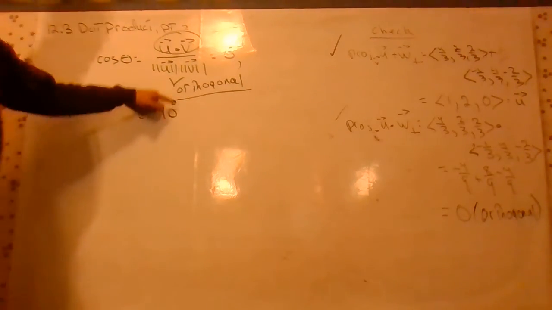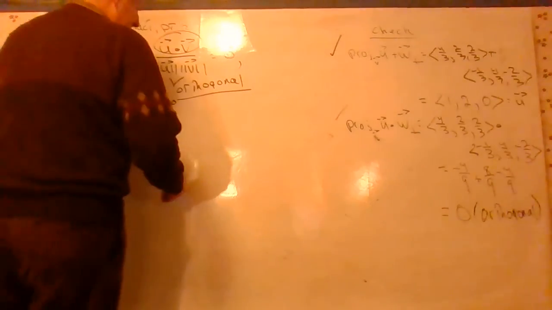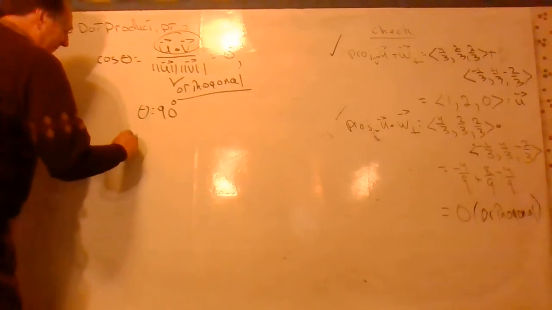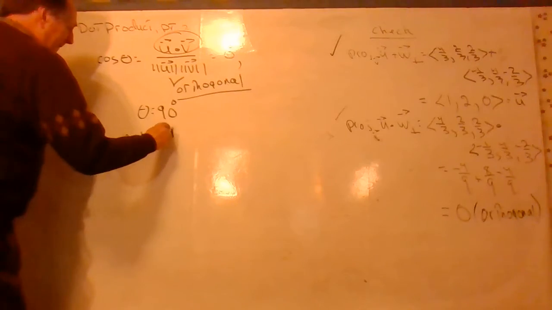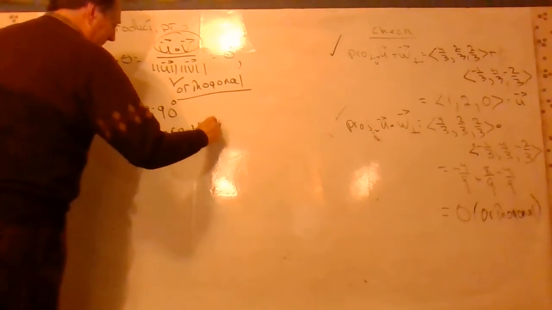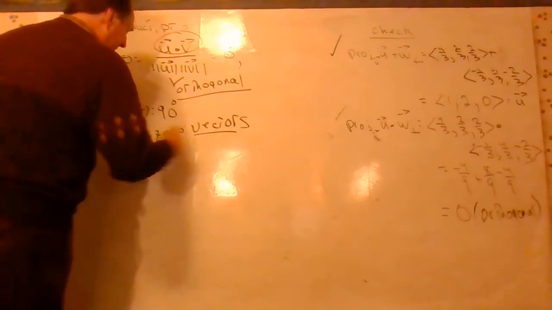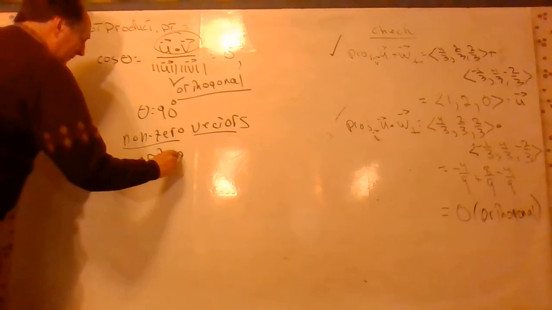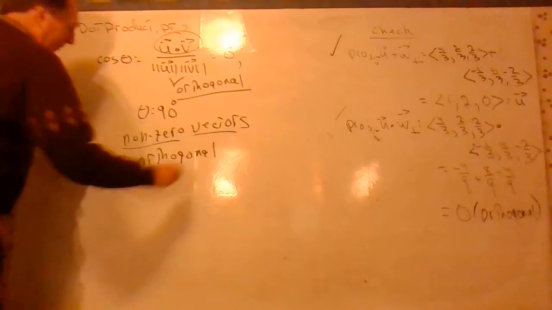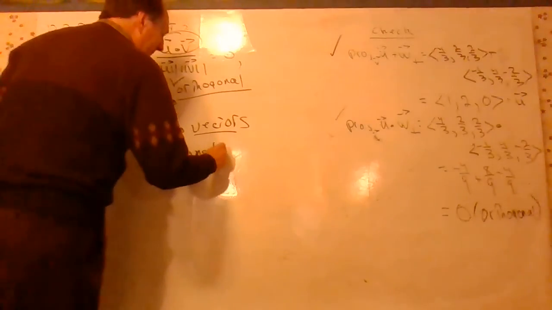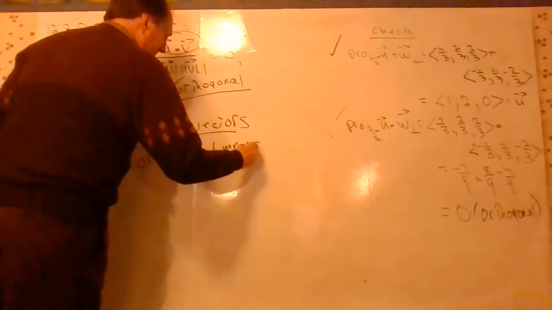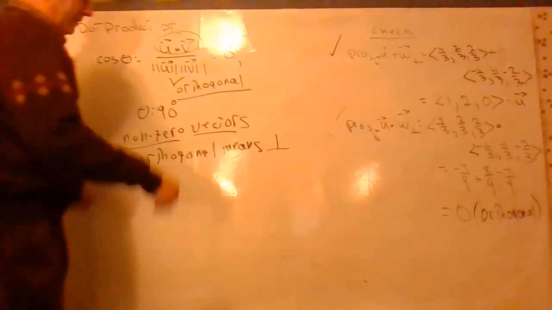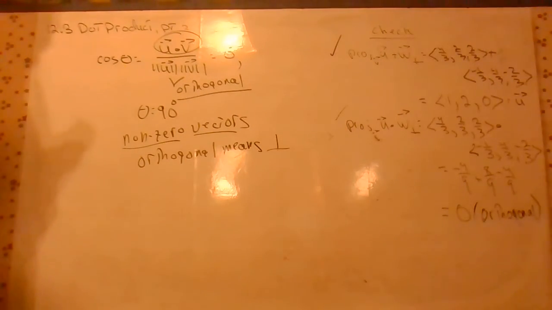So orthogonal and 90 degrees mean the same thing if we have non-zero vectors. Orthogonal means perpendicular. Okay, it's the same thing.